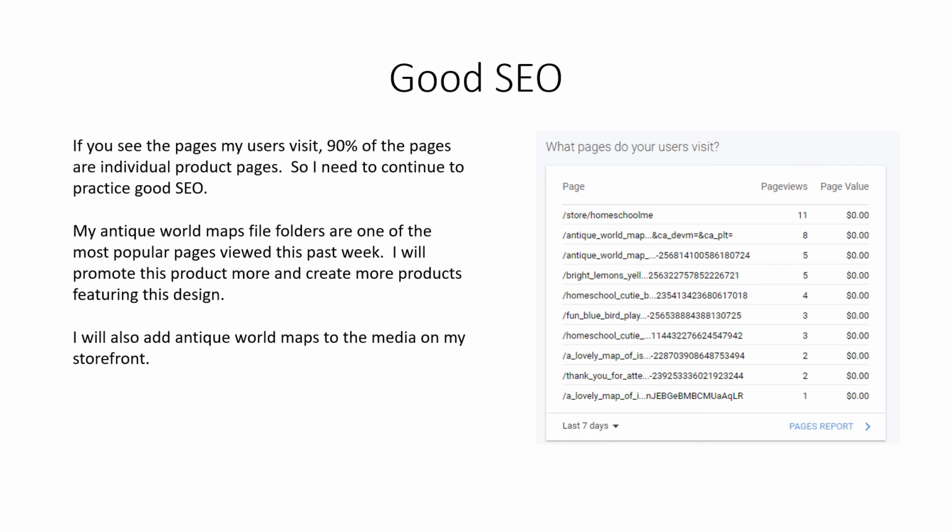I would also add Antique World Maps to the media on my storefront, which I've already done because that's what people are viewing. And I will use Google Analytics seasonally or monthly, however often I change my storefront, to see what people are viewing, and I would include that in the products that I display on my storefront.